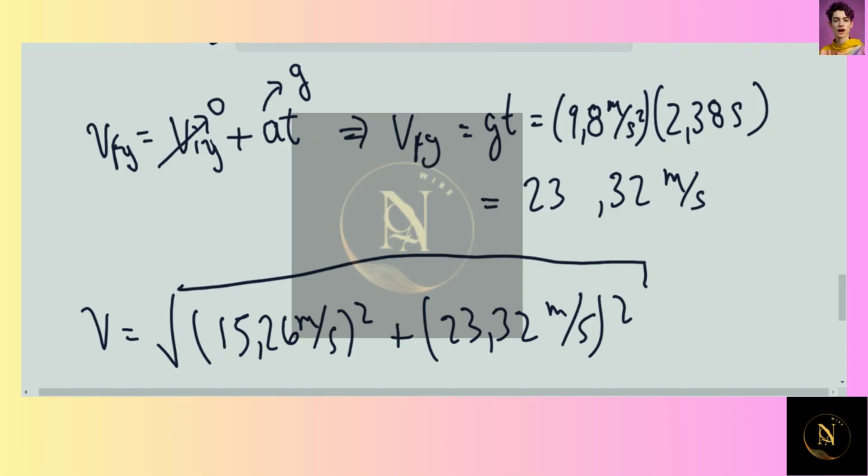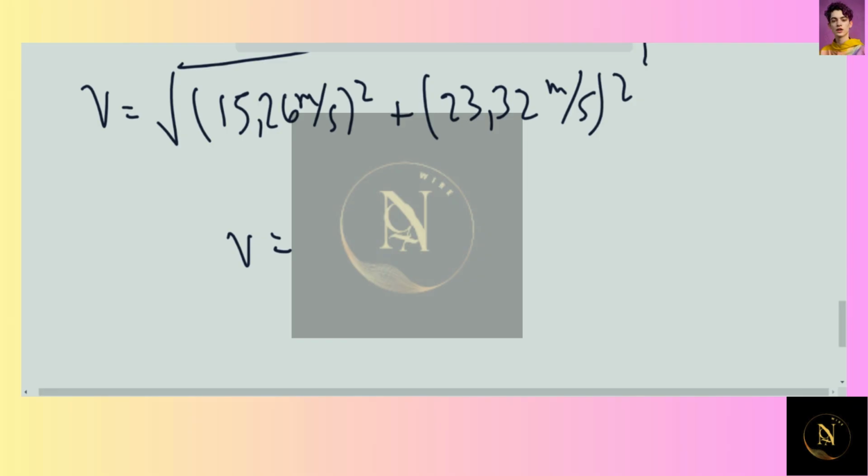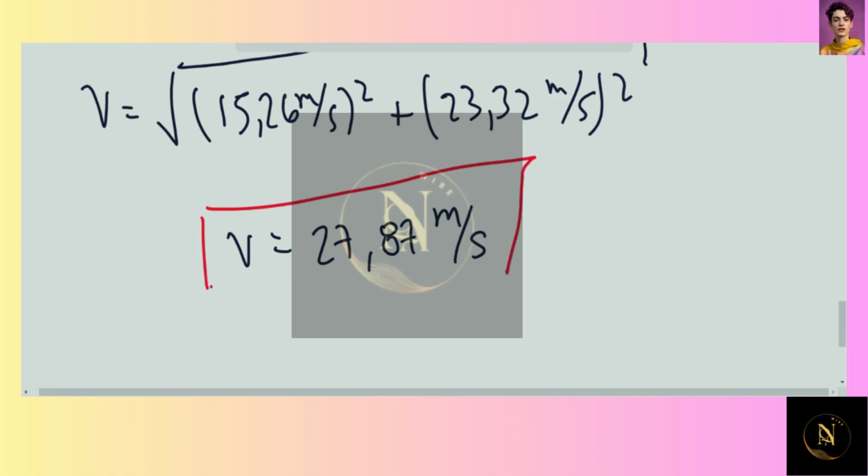And this gives us a value of 27.87 meters per second. So this is the velocity of the ball just before it lands.